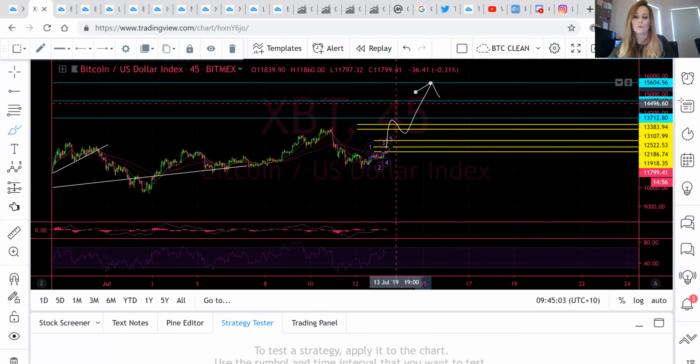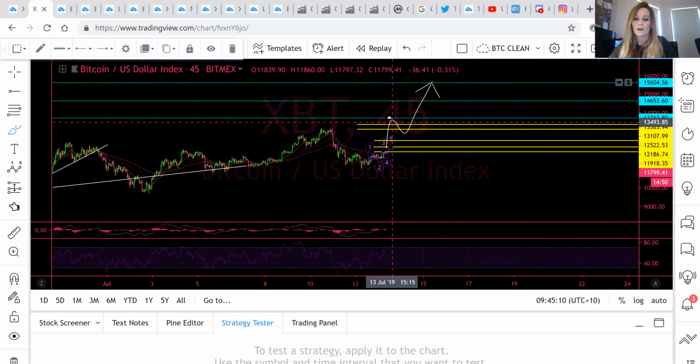If this does validate at this point right here, and we do get a deeper retrace, we could be coming down to complete the triangle. So those are the two patterns we're seeing right now. We have three patterns, but they're the two main patterns that I'm looking at for this.